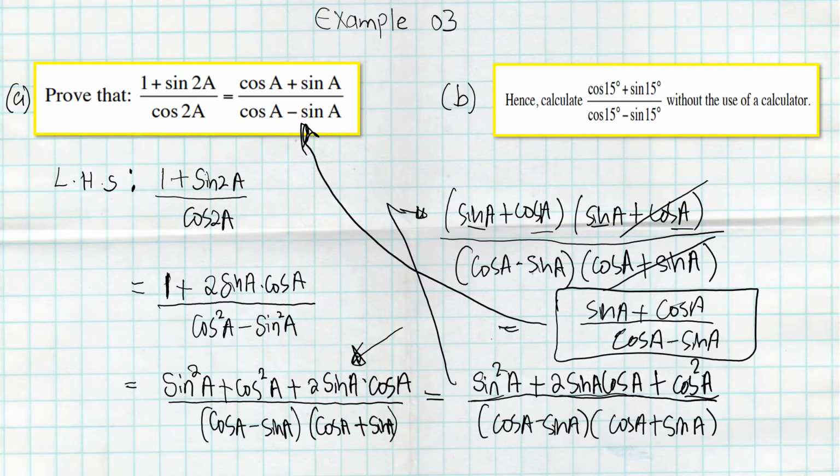So basically it really wanted you to know how to factorize and how to relate this to factorizing quadratic equations. Okay, let me just show you how you could prove this using your right hand side.